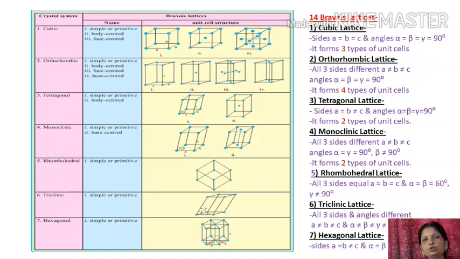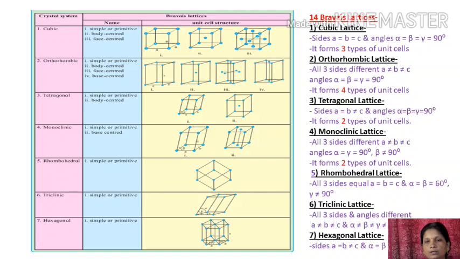The first is the cubic, in which the sides a, b, c are equal in length and angles alpha, beta, gamma are 90 degrees. It has three types of unit cell: simple or primitive, body-centered, and face-centered. Orthorhombic, in which all three sides are different, a is not equal to b is not equal to c, and angles alpha, beta, gamma are equal to 90 degrees. It forms four types of unit cell.